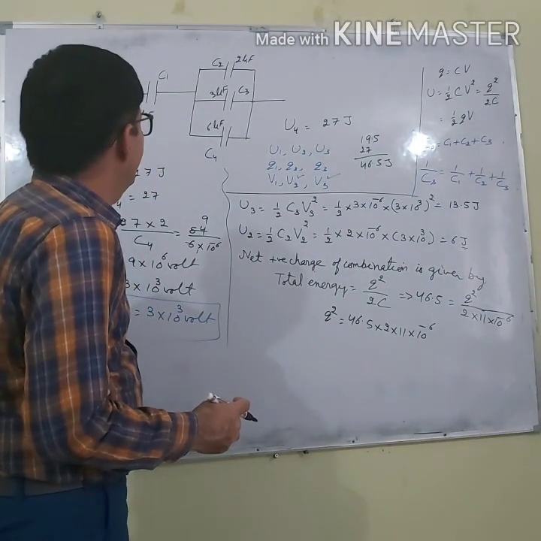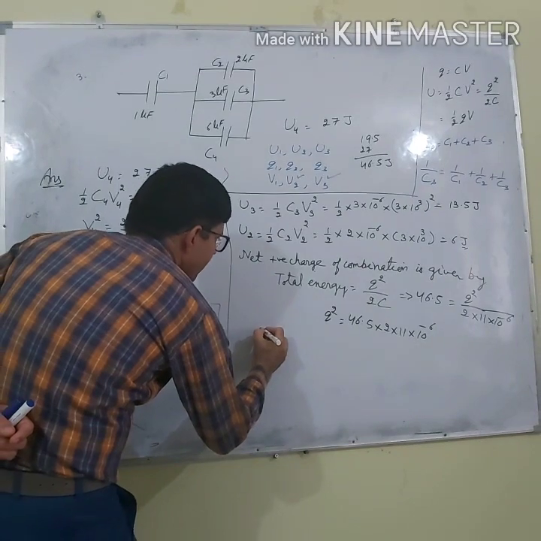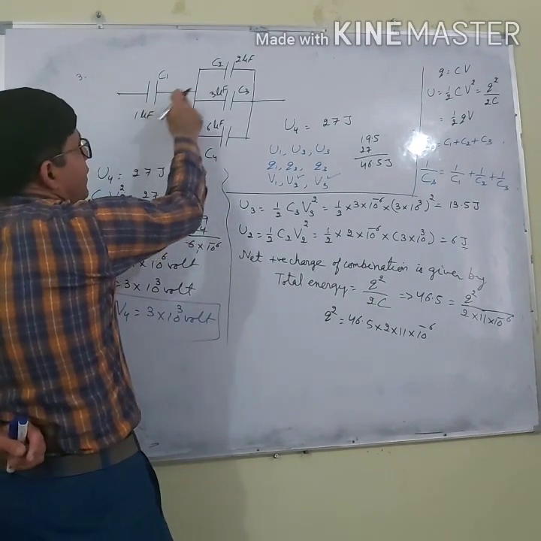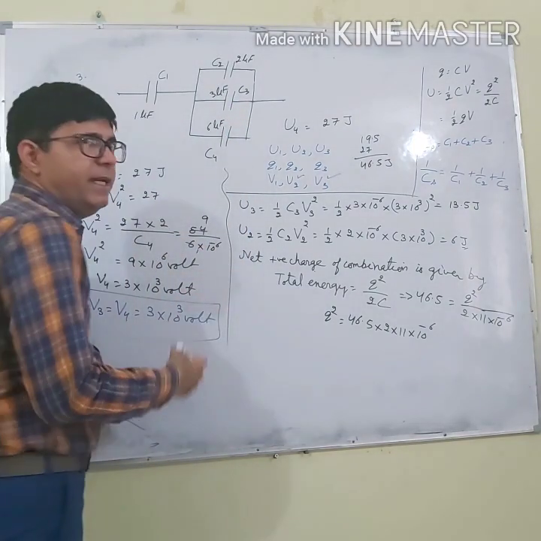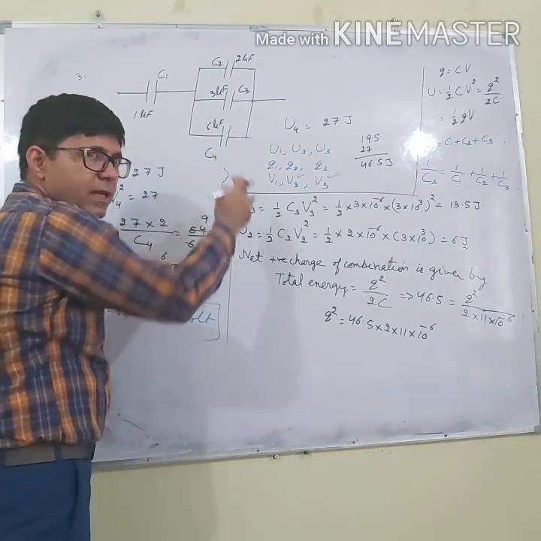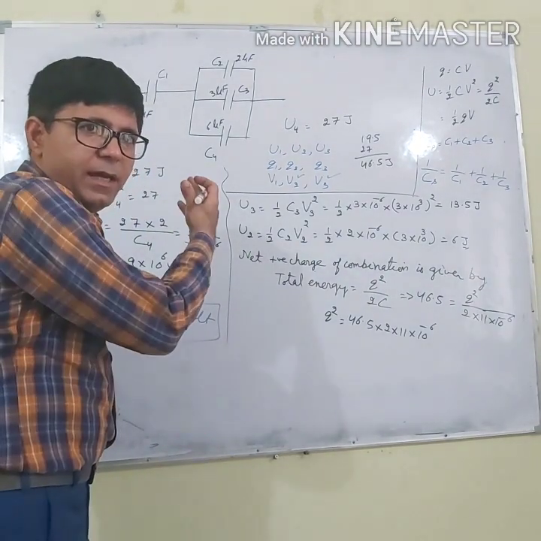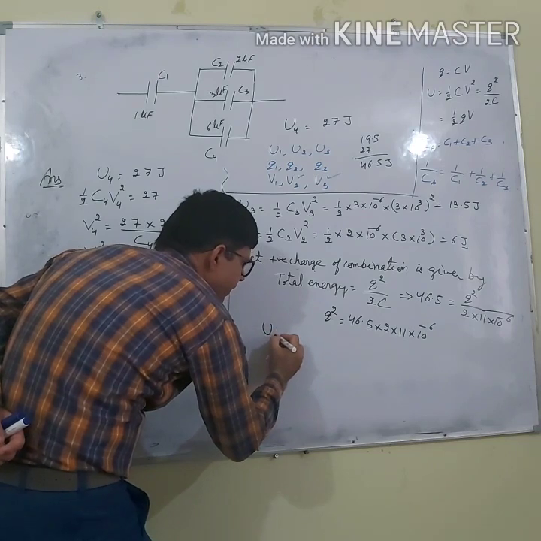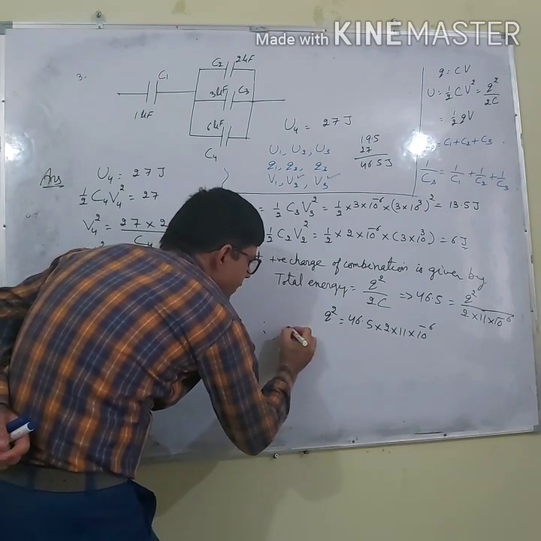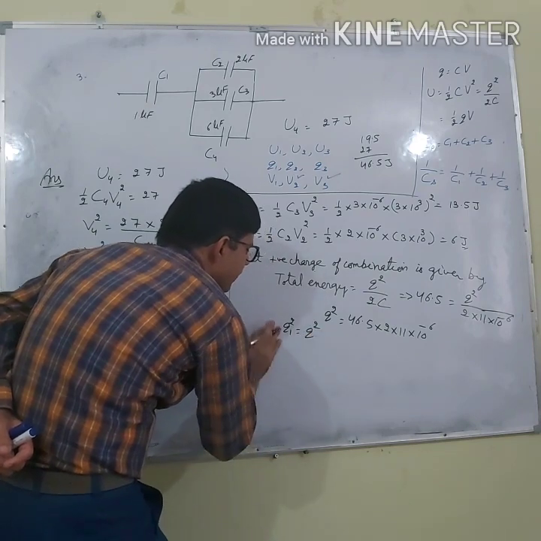Alright. So here Q square can be calculated. Now C1 and the combination of C2, C3 and C4 are connected in series. So charge will be same, and if charge is same, I can calculate the potential energy of C1. So I can say Q1 square equals Q square.